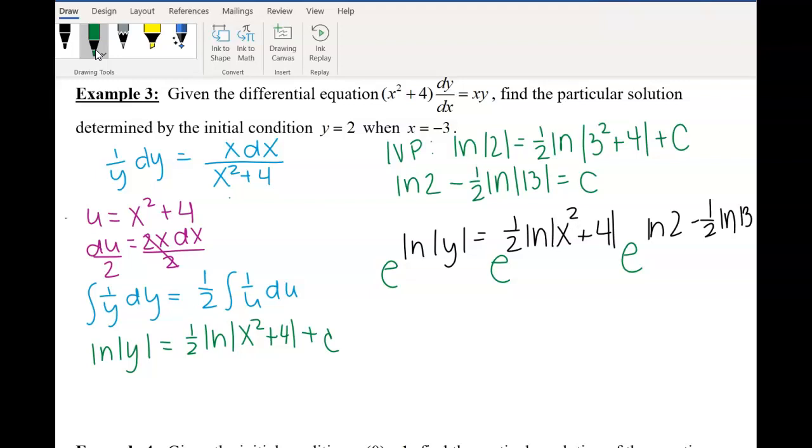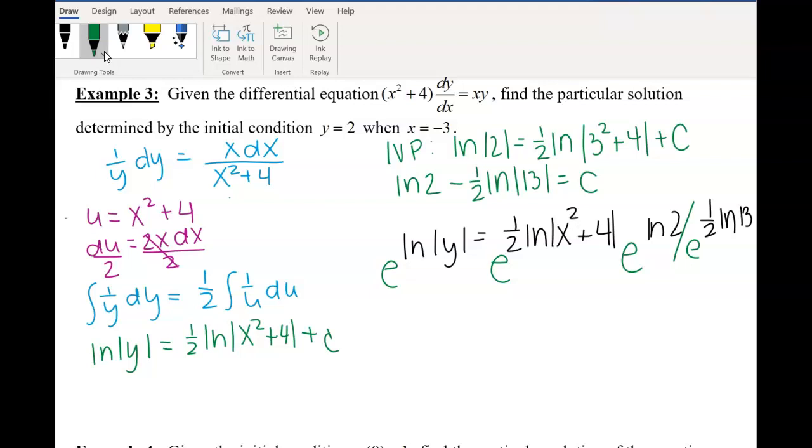That negative drops to division. So the e's and the ln's will go away.